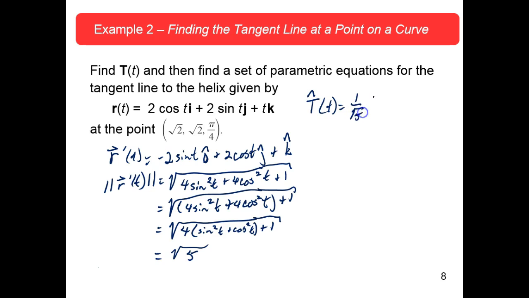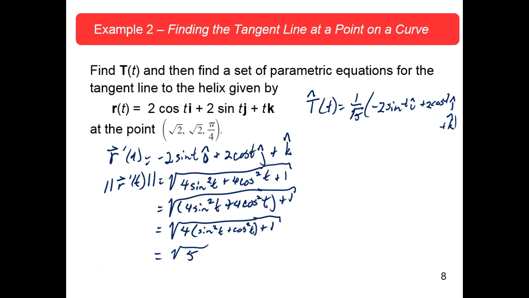Take the 1 over root 5 outside, and then just write minus 2 sine t i plus 2 cosine t j plus k. Okay.